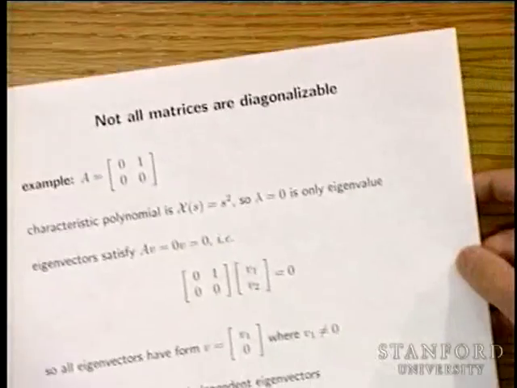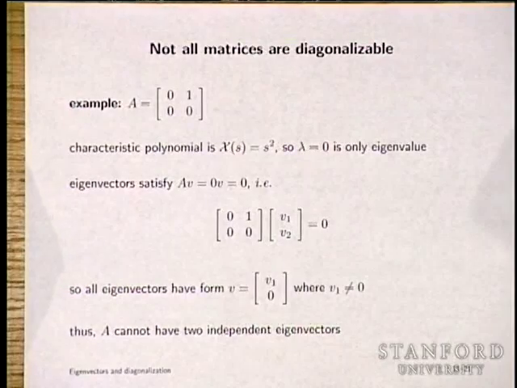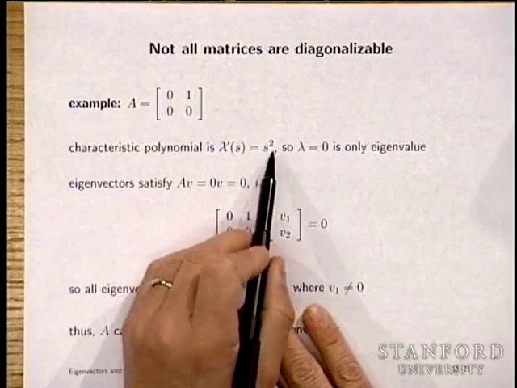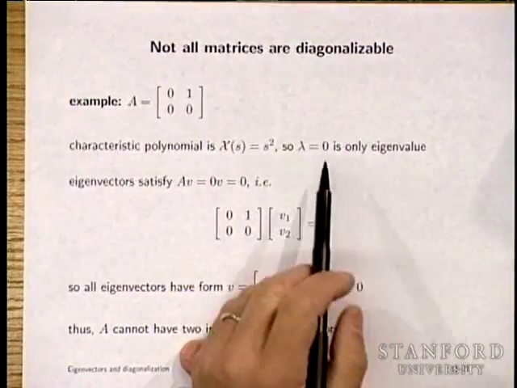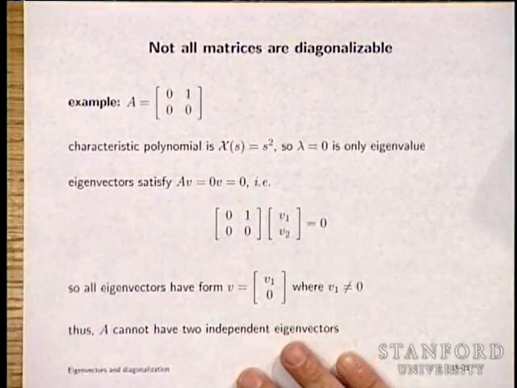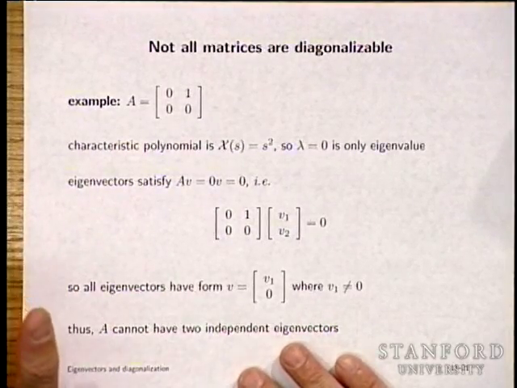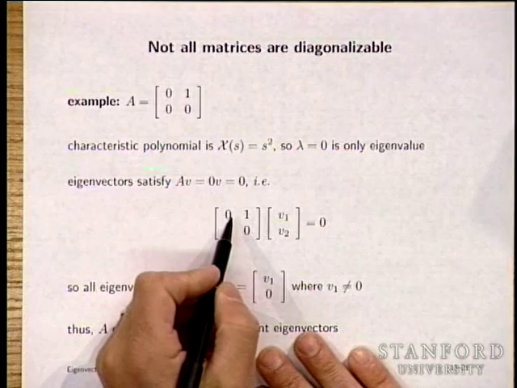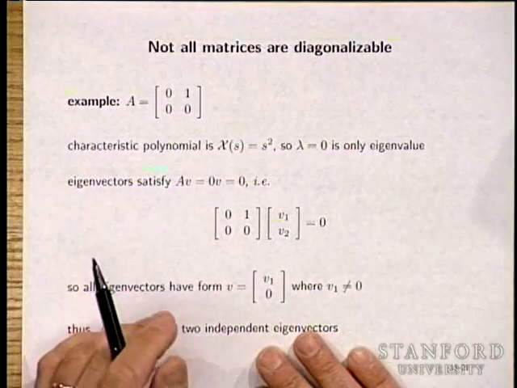Okay, and it's very important to quickly point out not all matrices are diagonalizable. So here's the simplest example, 0, 1, 0, 0. Characteristic polynomial is s squared. The only eigenvalue is lambda equals 0. That's it. There is no other eigenvalue here. Let's try to find now two independent eigenvectors, each associated with eigenvalue 0. That's the only eigenvalue there is. To say that you're an eigenvector of A with eigenvalue 0 is just a long-winded way to say you're in the null space.